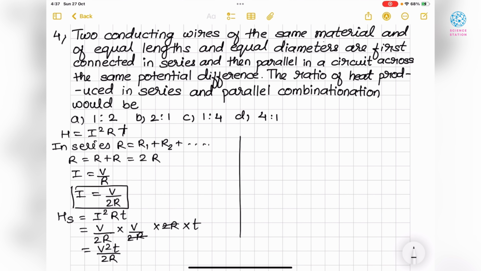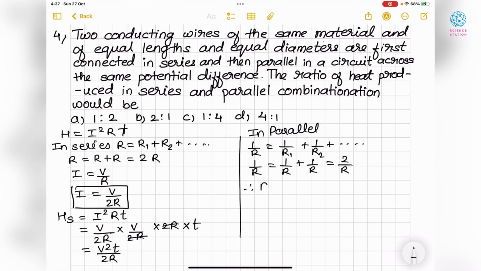And when in parallel, 1 upon R equals 1 upon R1 plus 1 upon R2 plus so on. So here 1 upon R will be equal to 1 upon R plus 1 upon R, so that will be equal to 2 upon R. Therefore R will be equal to R by 2 in parallel.